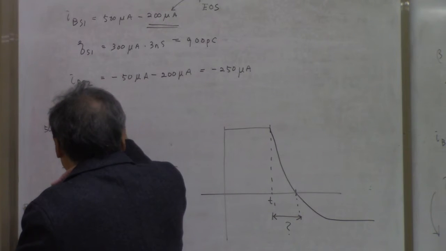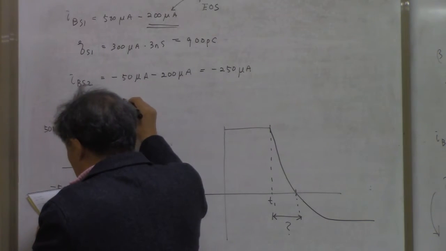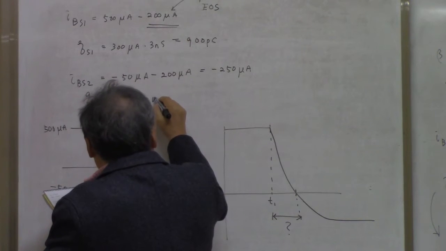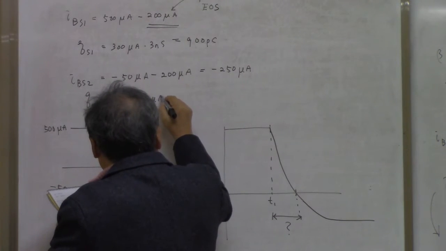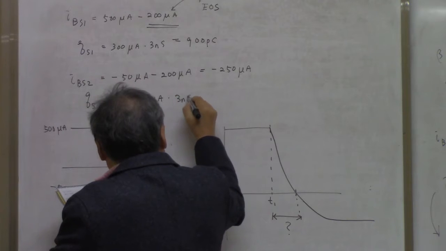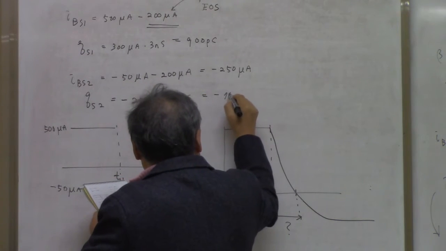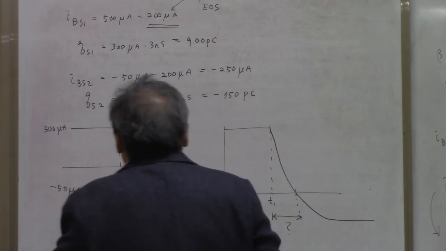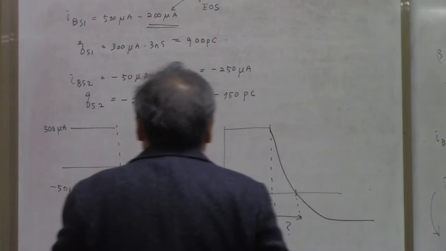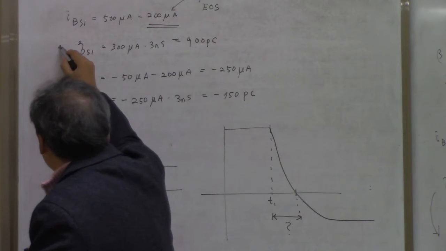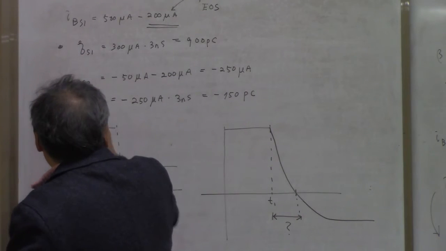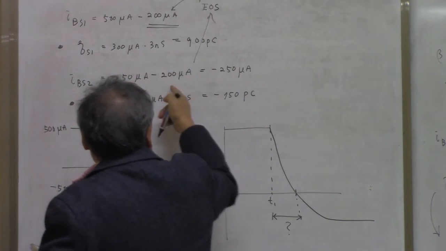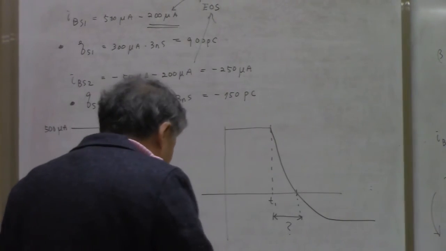And then QS2 now is minus 250 microamps times 3 nanoseconds, and minus 750 picocoulombs. So we have deduced the QS1 and QS2 by using the fact that 200 microamps is the edge of saturation.